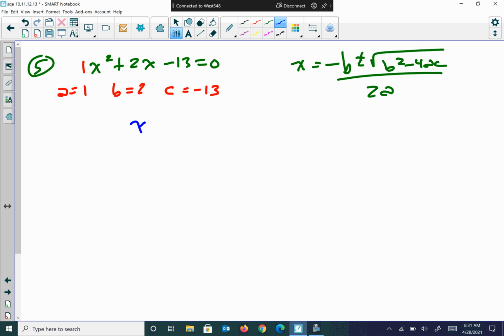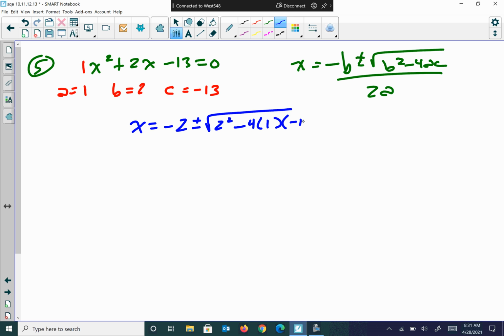So let's plug into our equation. I get x equals negative 2, because our b value is 2, plus or minus the square root of b squared, which will be 4 eventually, minus 4 times our a value of 1, times our c value of negative 13, all divided by 2 times a, and our a value is 1.